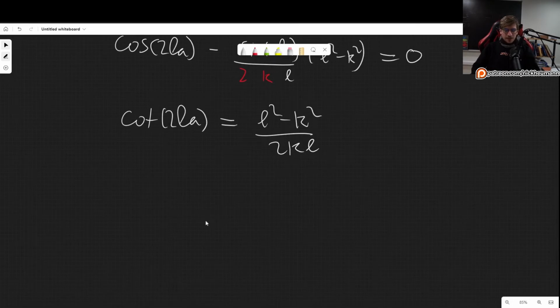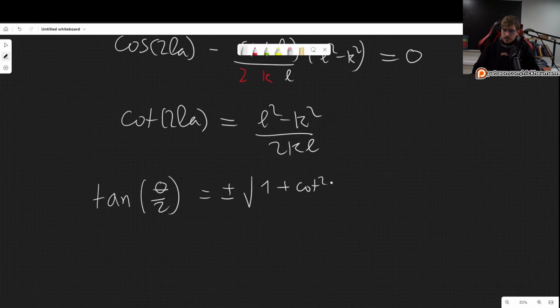For that reason, we can use the following trigonometric identity, which is basically the half angle formula for the tangent: the tangent of theta over 2 is the square root of 1 plus cotangent squared of theta, minus cotangent of theta.